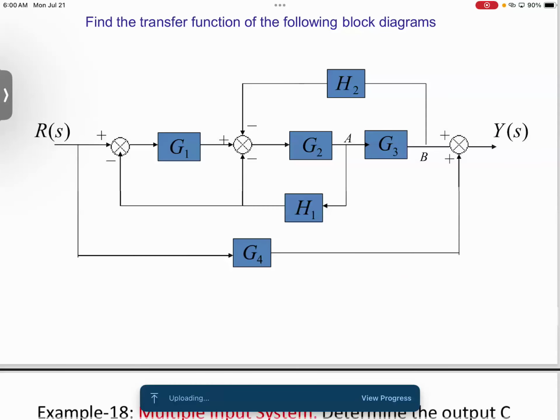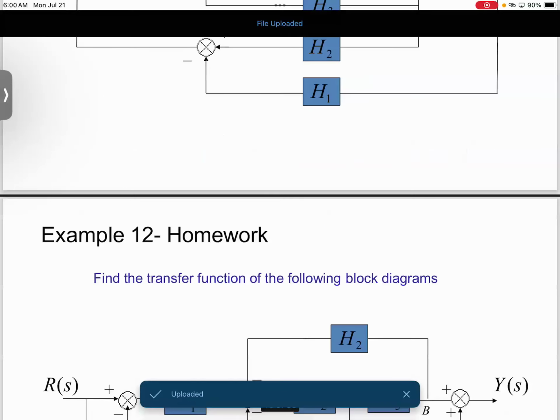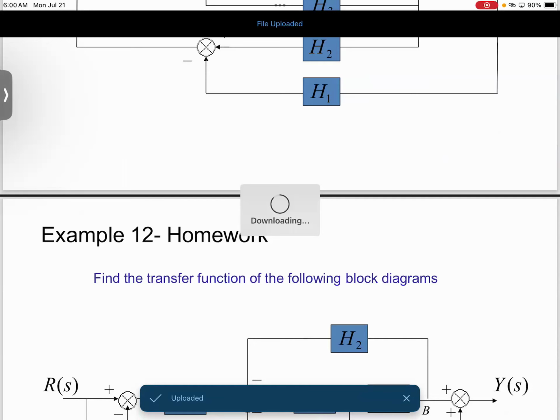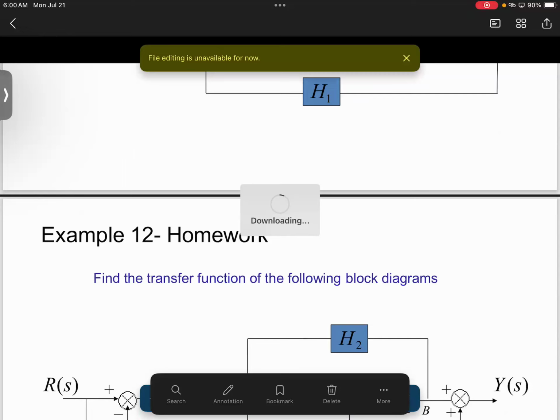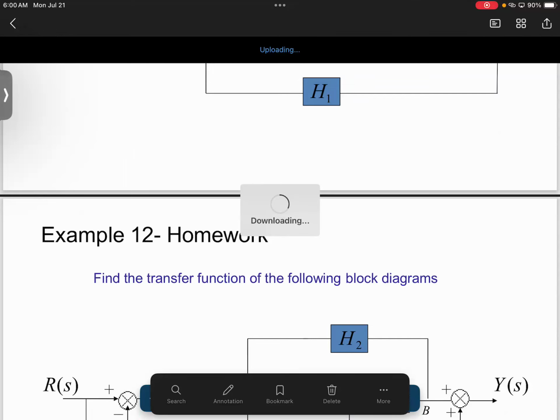There will be 4 problems. Number 7 is the only problem where you need to find the 8 unknowns. Number 10, 11, 12: find the closed loop transfer function.